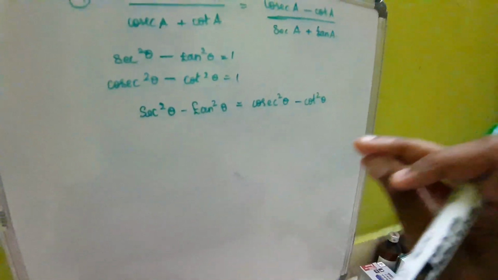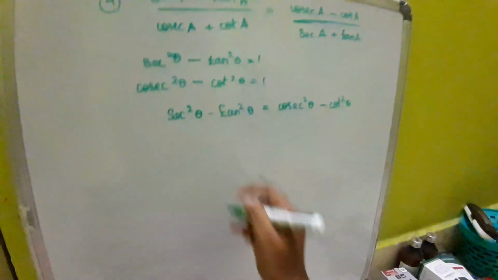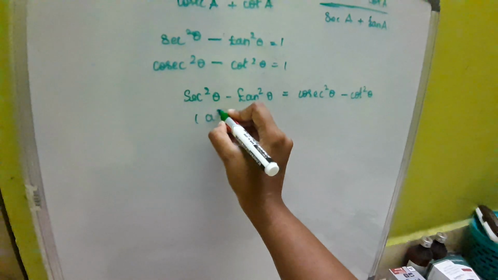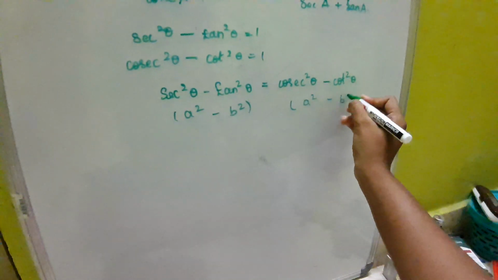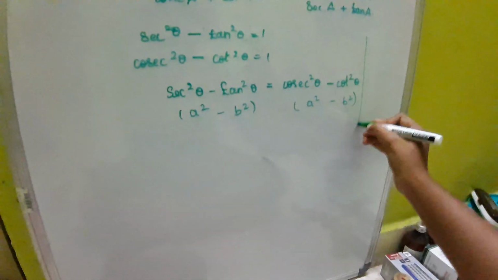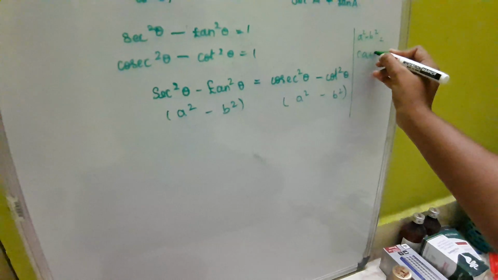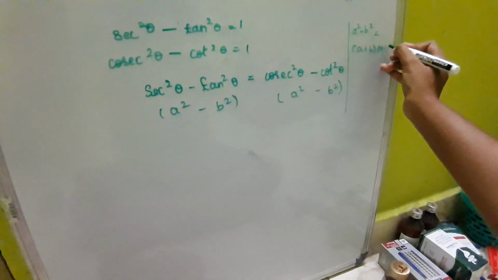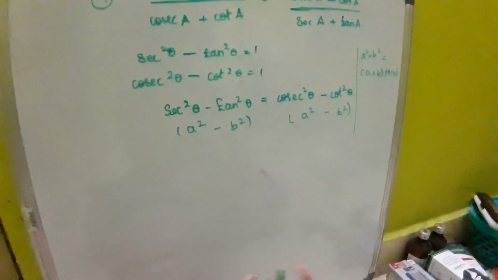I am just using the basic algebraic formula, a square minus b square. See, both sides are similar to this formula only, right? a square minus b square is equal to a plus b into a minus b. So I'm going to use this formula only.